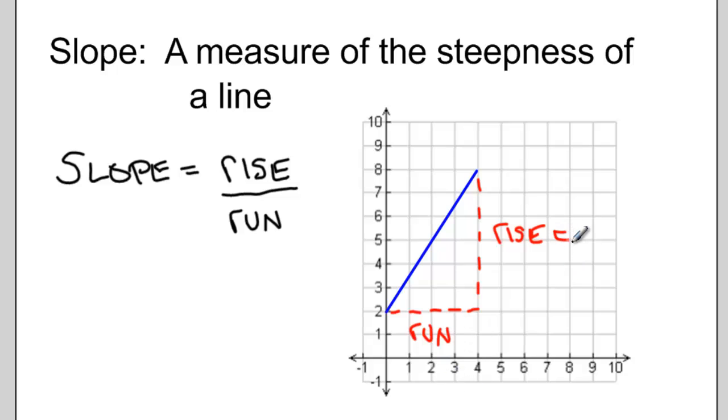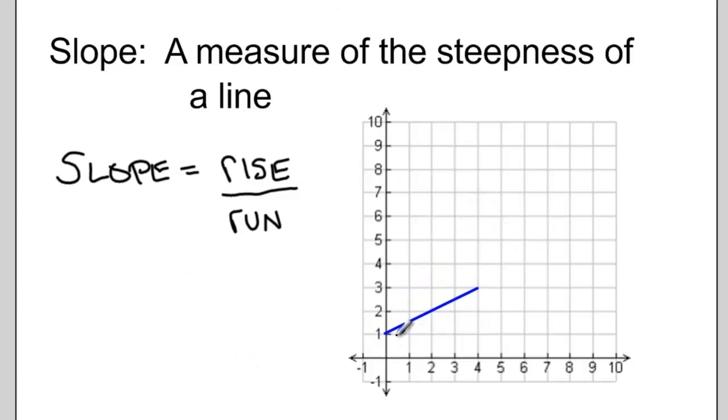So counting up, I see that the graph has risen 6 units. Counting over, I see that the graph has moved over 4 units. So my slope for this particular graph would be 6 divided by 4, or a slope of 1.5.